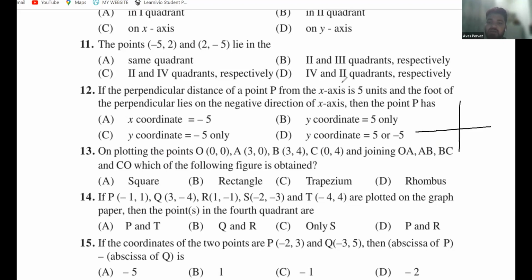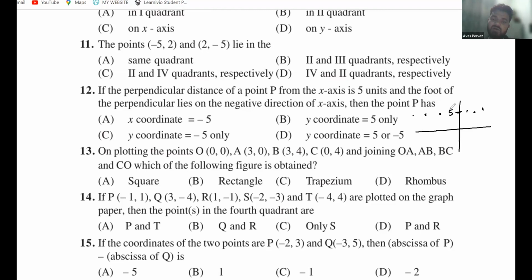I'm saying the perpendicular distance means the distance of a point from the x-axis. Let's suppose this is 5 units. All these points lie at 5 units distance from the x-axis. Got it?